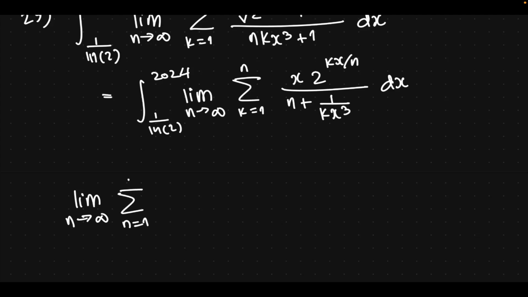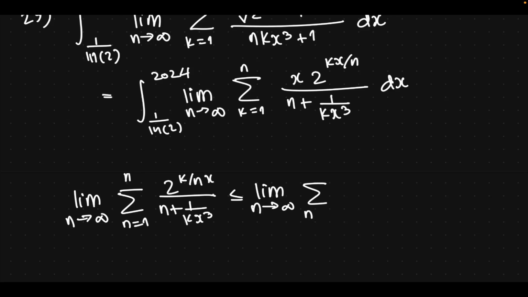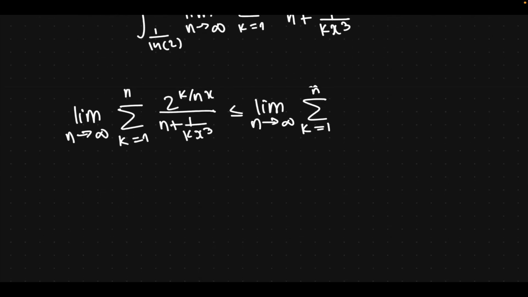Sum k equals 1 to n, 2 to the k over n, x over n plus 1 over kx cubed, which was our original limit sum, is less than or equal to the limit as n goes to infinity of the sum, k equals 1 to n, of 2 to the k over n times x over n.